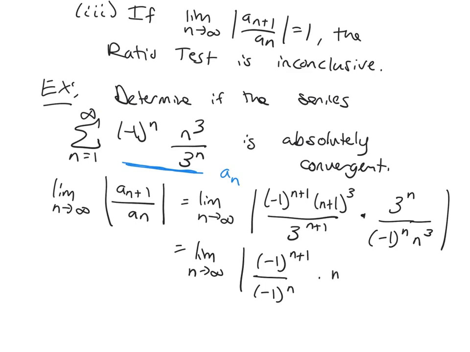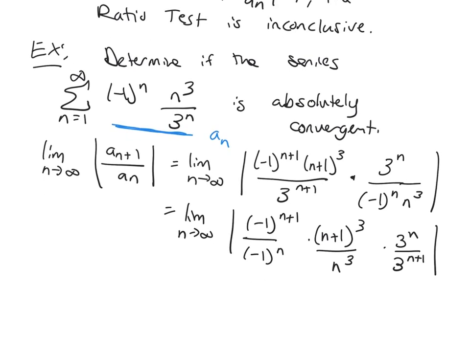I have n plus 1 cubed over n cubed, and I have 3 to the n over 3 to the n plus 1. I'm just rearranging everything in the numerator and denominator so the like items are together. And from here we can simplify.